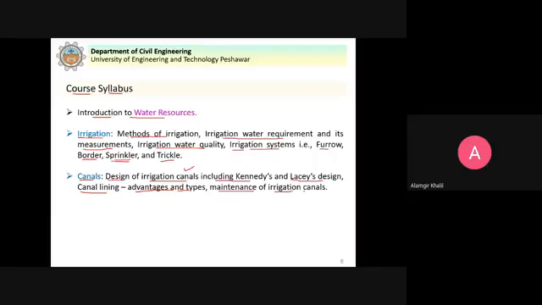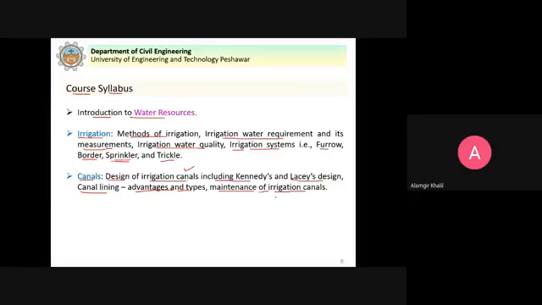Also, maintenance of irrigation canals. Because when canals are constructed, these carry water, and the water carries sediments or other debris or waste material, and these can get deposited in the bed of these canals and ultimately reduce the discharge carrying capacity of the canals. So this maintenance of canals for efficient water supply is very important.